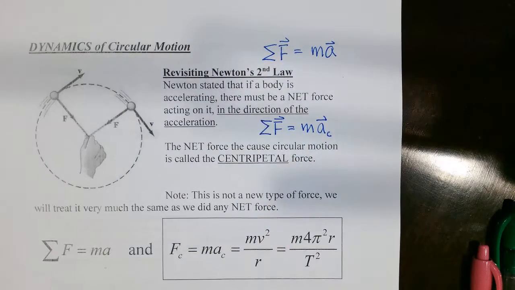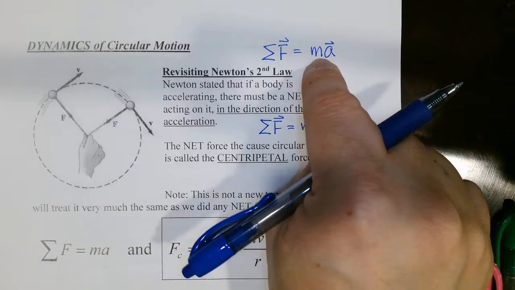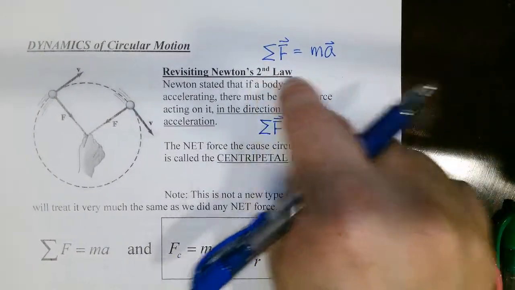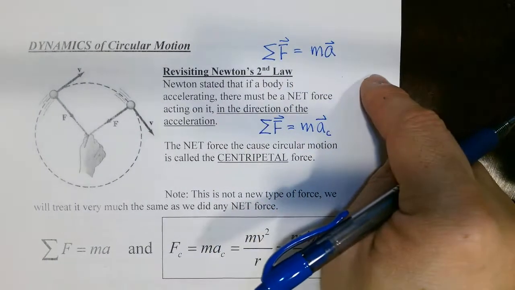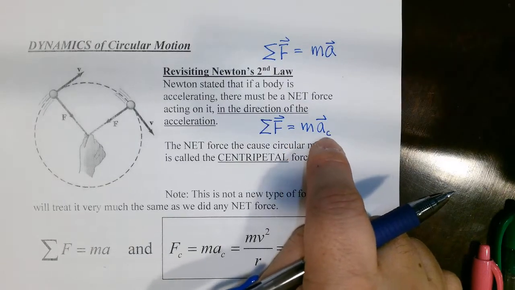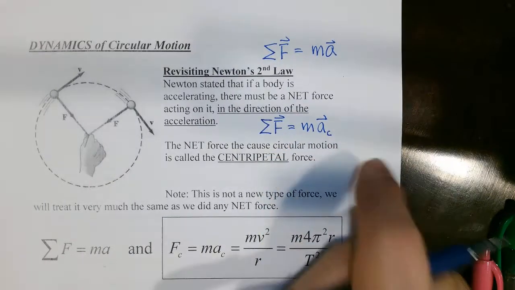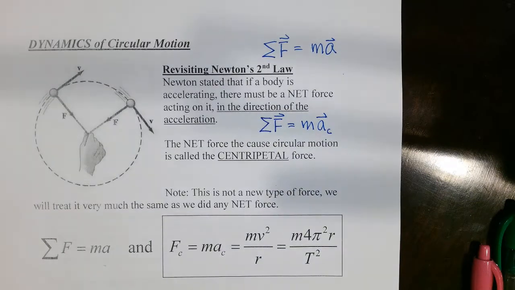Mind blown. So hard. Now, remember we set this equal to all the forces acting. So ma is equal to whatever force plus whatever force plus whatever force. Same thing. mac is equal to whatever force plus whatever force plus whatever force, and then set them equal to each other. It's that simple.